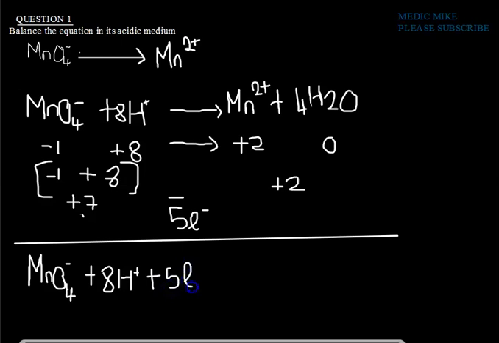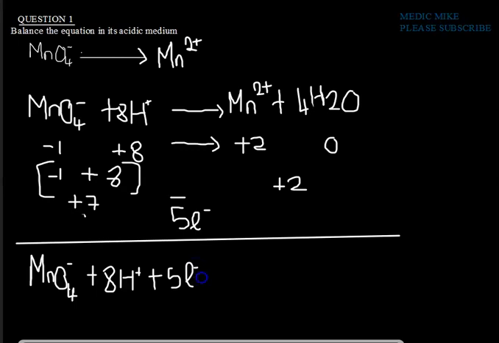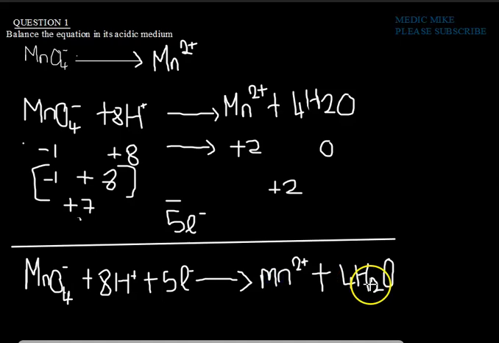It's 5 electrons at our reactant side, which is now balanced with our product side in terms of moles of each atom, and in terms of charges too. We'll be having the same equation here. So at the product side we are having the same reaction here, which is Mn2+ plus 4 molecules of H2O.